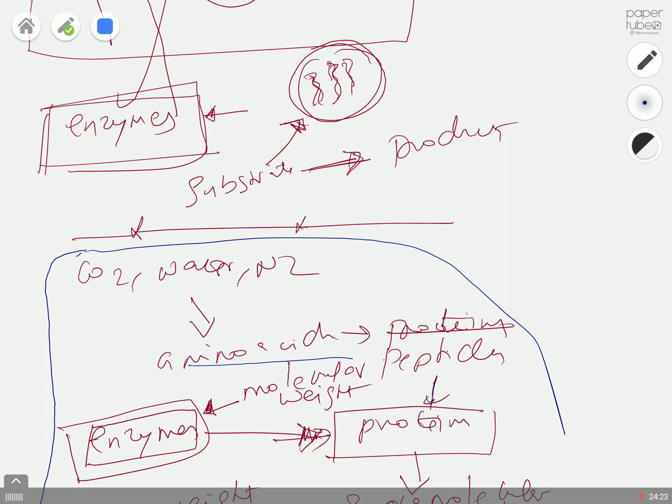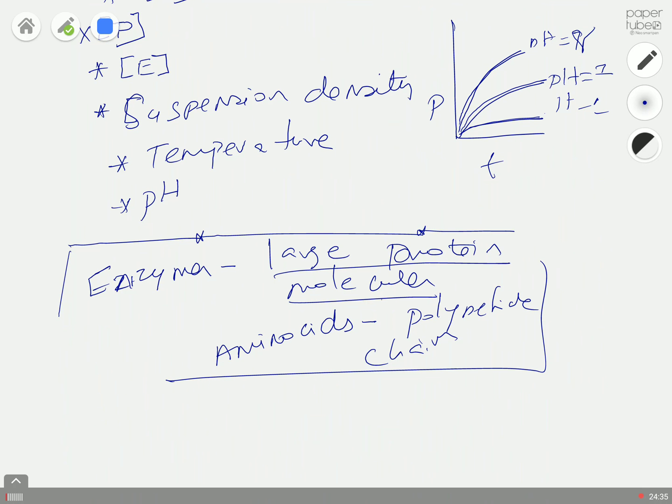So I think we fairly covered some basics of enzymes. And one more thing, why I said they are large protein molecules composed of amino acids or polypeptide chains. If you look into the chemical structure, it's not easy to draw a chemical structure in a notebook.